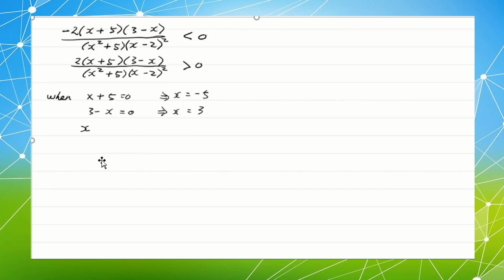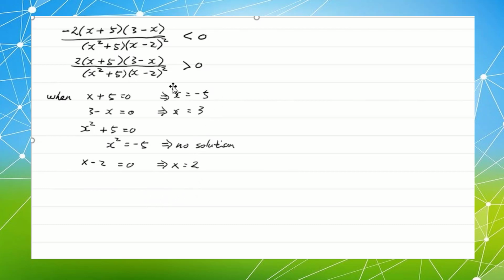Then for x power 2 plus 5 equals 0, we found that x power 2 is a negative value. So this shows that we don't have any solution for this, because x power 2 should be greater than 0. Next, for x minus 2 equals 0, x is equal to 2.